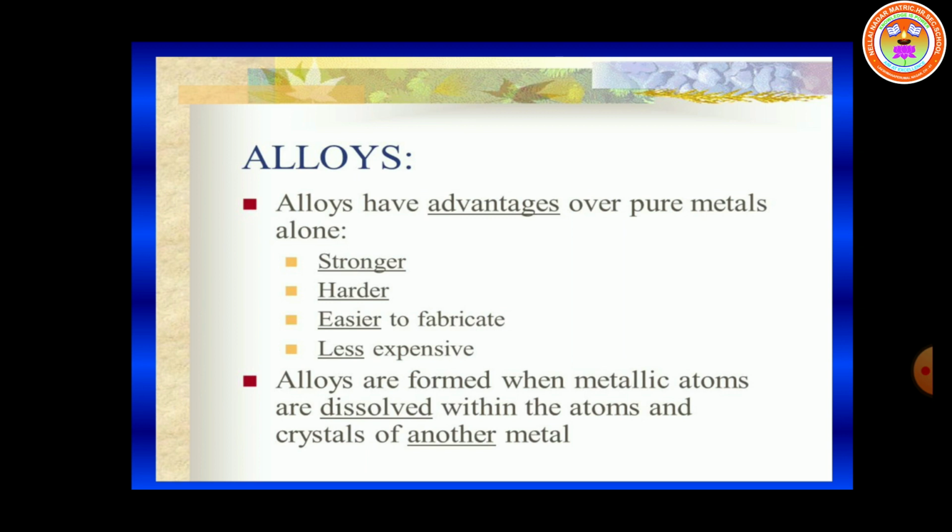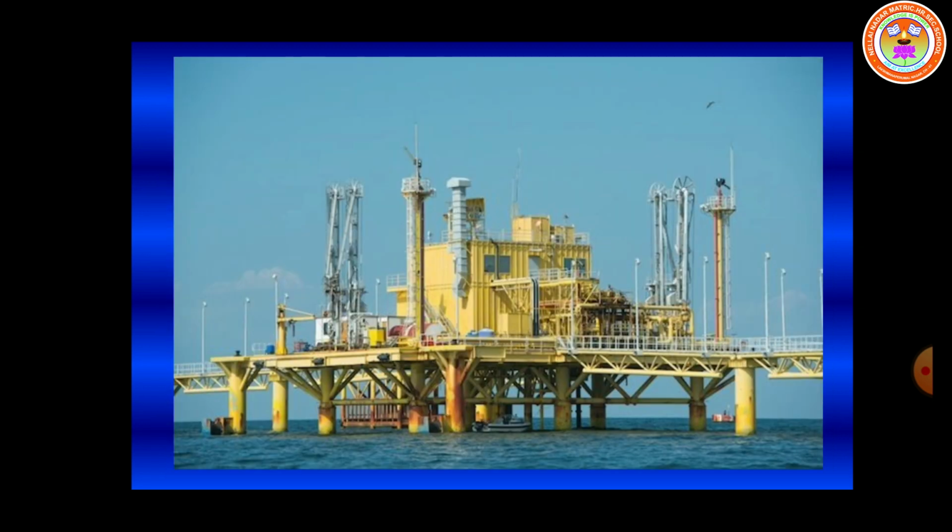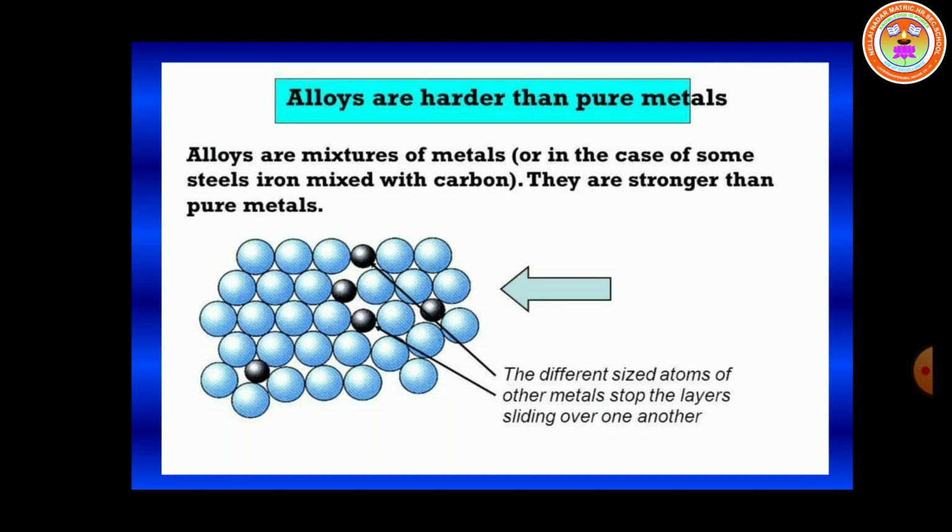Let us discuss the advantages of alloys. Alloys have advantages over pure metals. Compared to pure metals, alloys are stronger, harder, easier to fabricate and less expensive. We know compared to pure metals, alloys are harder.